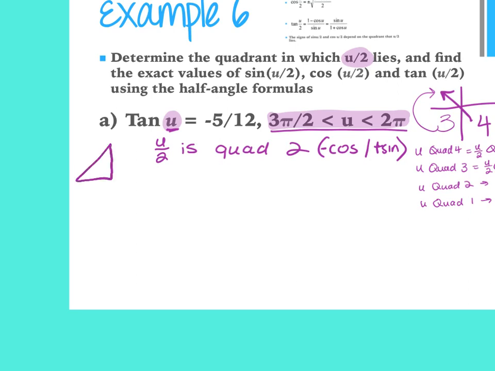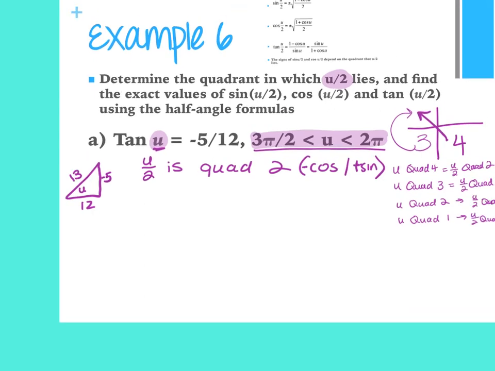So tangent of U is 5 over 12. One of these is negative. If it's in the fourth quadrant, which one? The 5, right? The y is going to be negative. The x moves forward, but the y goes down, right? What's the missing side here? 13. This is a triple.